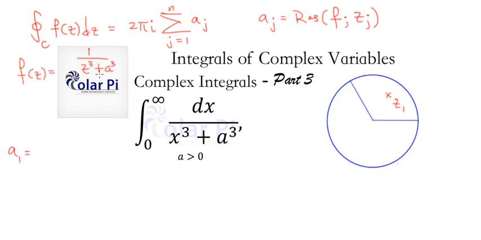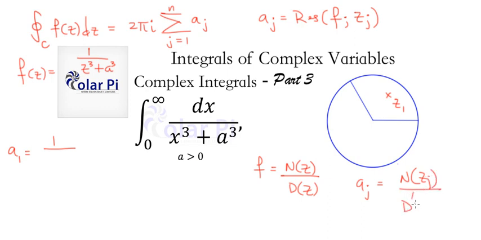Now we have many ways to find residues, but one efficient way, when we have a rational function where the degree of the denominator is 2 or more than the degree of the numerator, is to take the numerator and evaluate it at z1, and then take the denominator's derivative and evaluate it also at z1. So if your function f is n of z over d of z, to find the residue a_j you should do n of z_j divided by d prime of z_j.